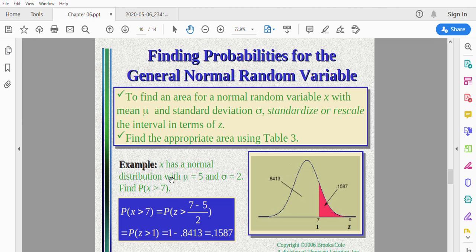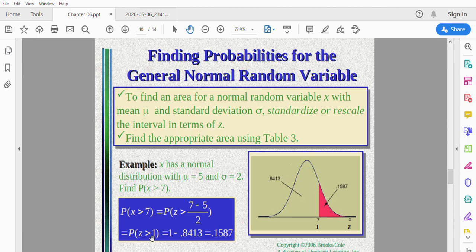The question is to find the probability x greater than 7, and the information given without standardizing is mu is 5 and sigma is 2, so we must standardize it. Probability of x greater than 7, so we standardize x to z: 7 minus mu divided by sigma, and we will get probability z greater than 1.